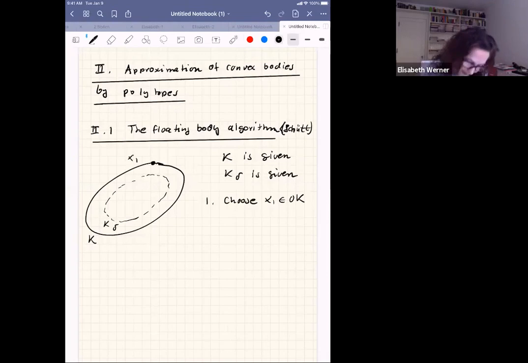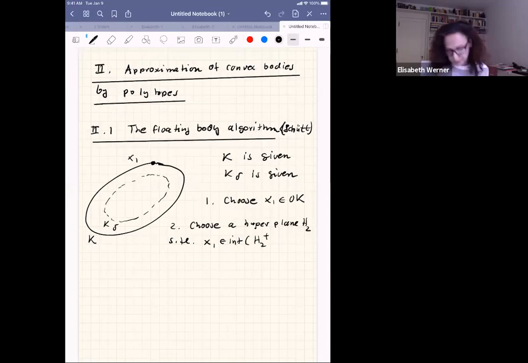Then the second step will be that we'll choose a hyperplane H2 such that x1 is in the interior of H2 plus, such that the floating body is contained also in H2 plus.